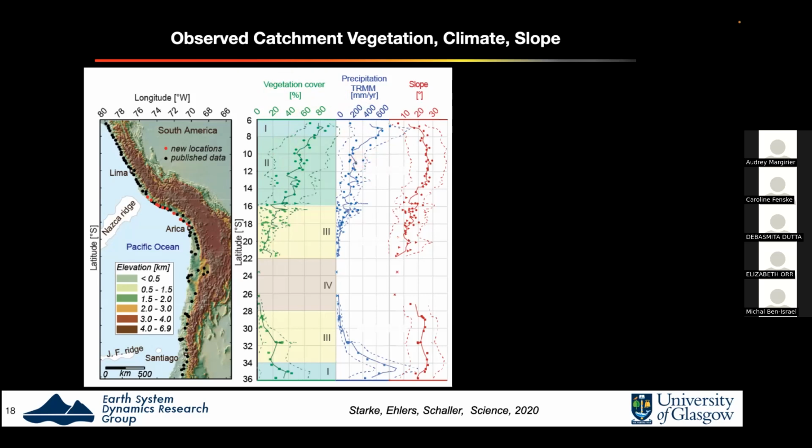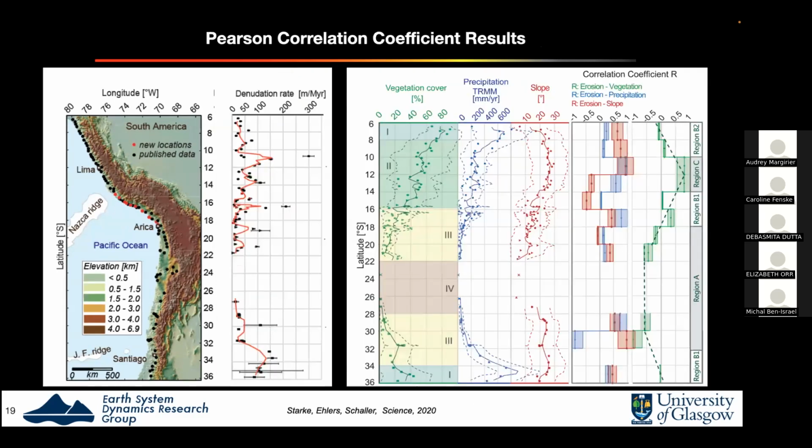So what that indicates is that a lot of the signal, whatever that signal is, within the catchment denudation rates can be explained by vegetation cover here. The second step of analysis was to pick out those important factors that explain a lot of the variance and conduct a Pearson's correlation coefficient. That's what's shown on the right-hand side here.